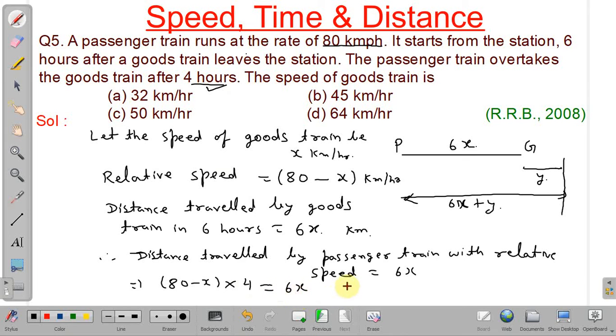After solving this we will get x equal to 32 kilometer per hour. So our answer is option number A.